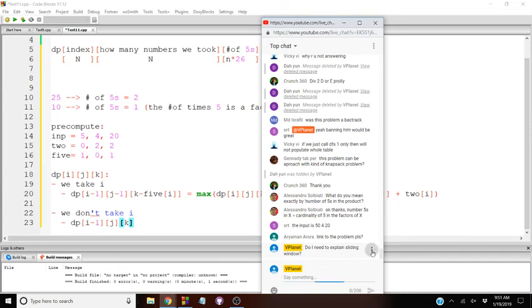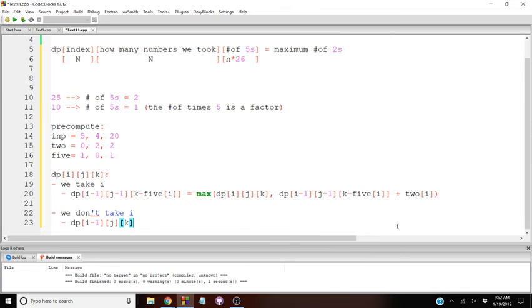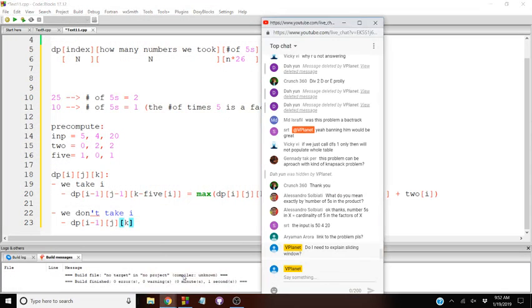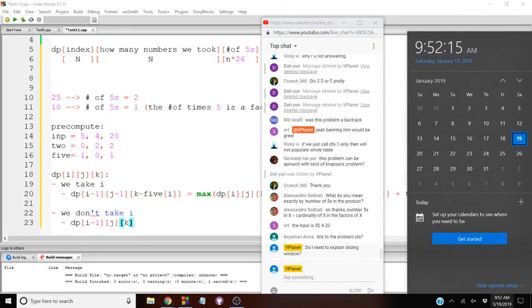Okay. Basically, do you know sliding window? Do you not know sliding window? Because with sliding window, you can solve the memory requirements of this problem, and so I need to know if I need to go over sliding window or not. Basically, right now the memory is way too high.